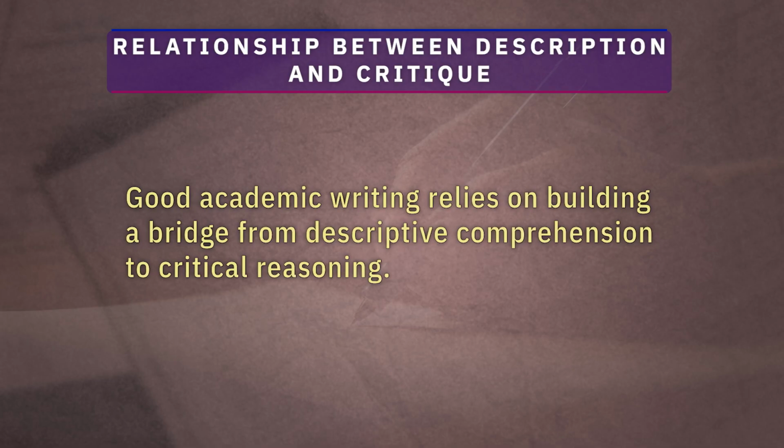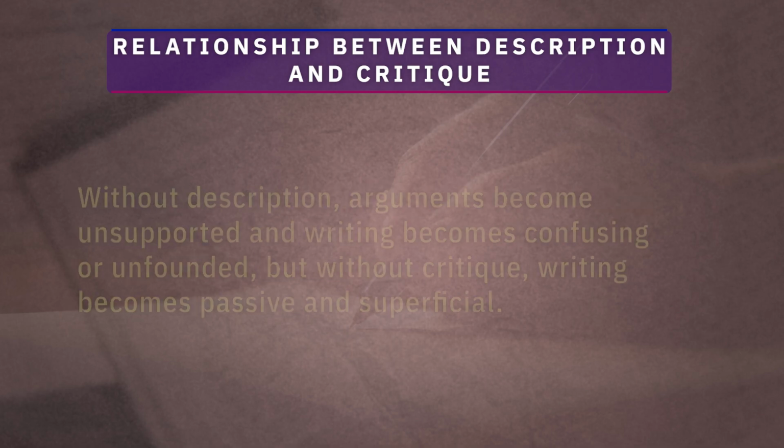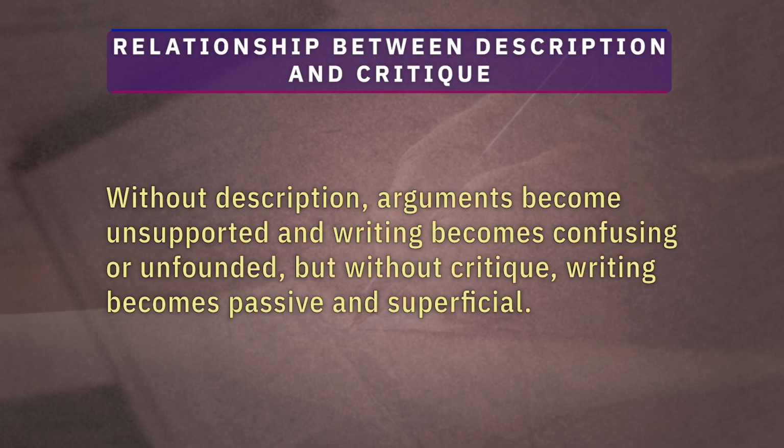Good academic writing relies on building a bridge between descriptive writing and critical writing, between descriptive comprehension and critical reasoning. So you see, without description, arguments become unsupported and the writing becomes confusing or unfounded. Likewise, without any criticism, the writing becomes passive and superficial.